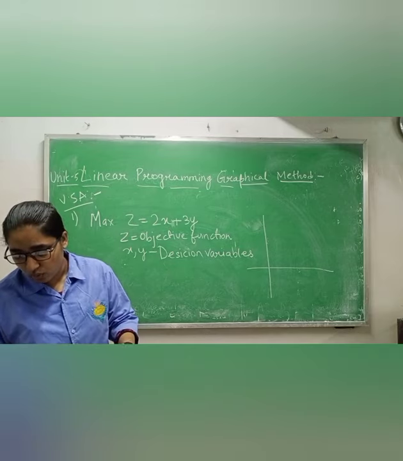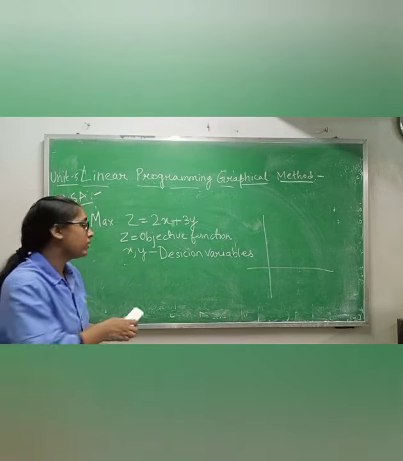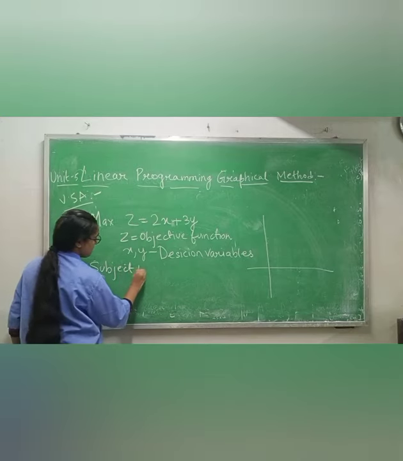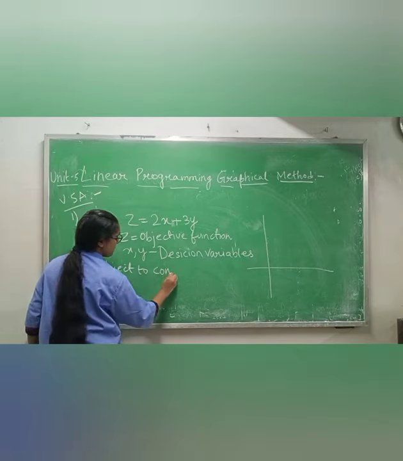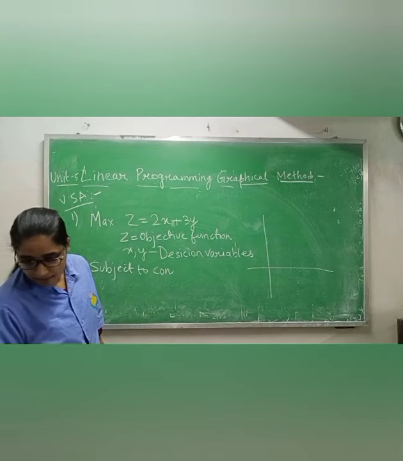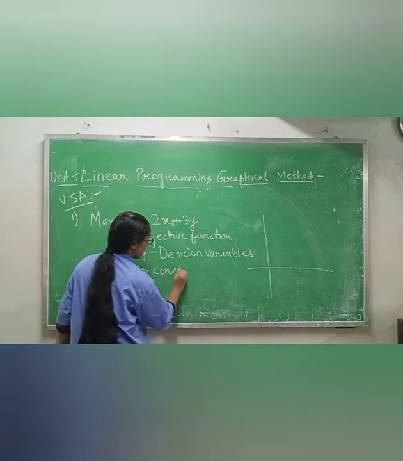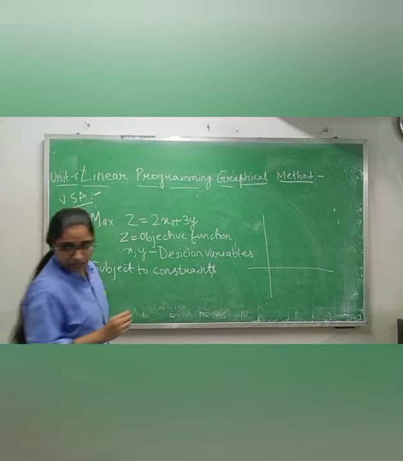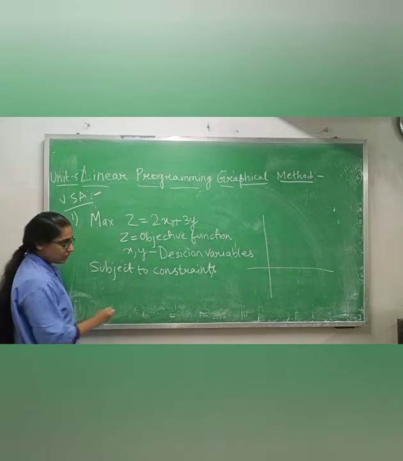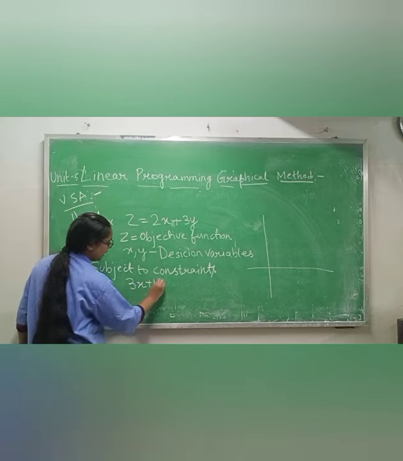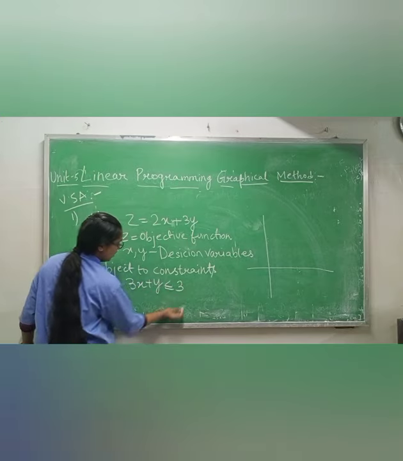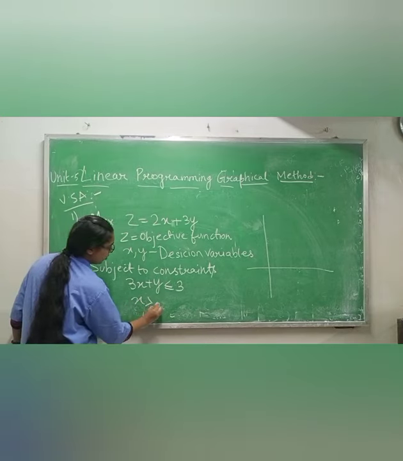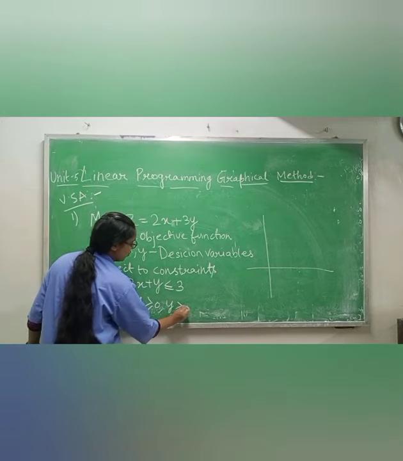And subject to constraints, given 3x plus y is less than or equal to 3, x is greater than or equal to 0, y is greater than or equal to 0.